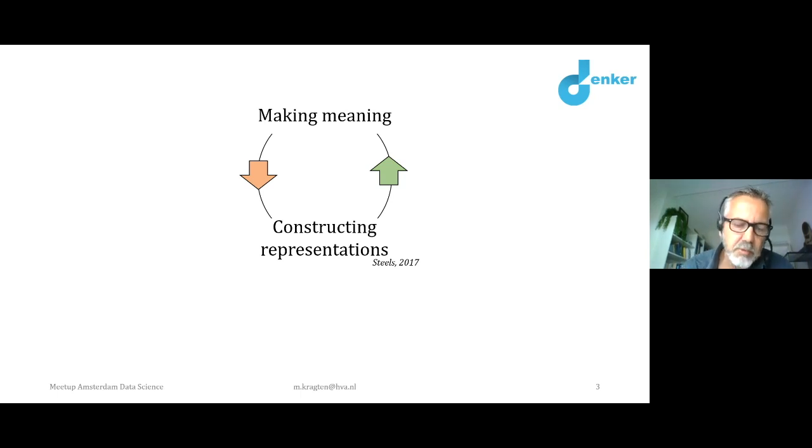Because we are able to construct representations of knowledge, and that can be all kinds of representations, mathematical, text, but also qualitative representations, as we will present today. While we construct those representations, we make meaning of the world around us. We see our representation, we make meaning, and we go back and make our representations better or learn from them. That's an important notion of what we are doing.